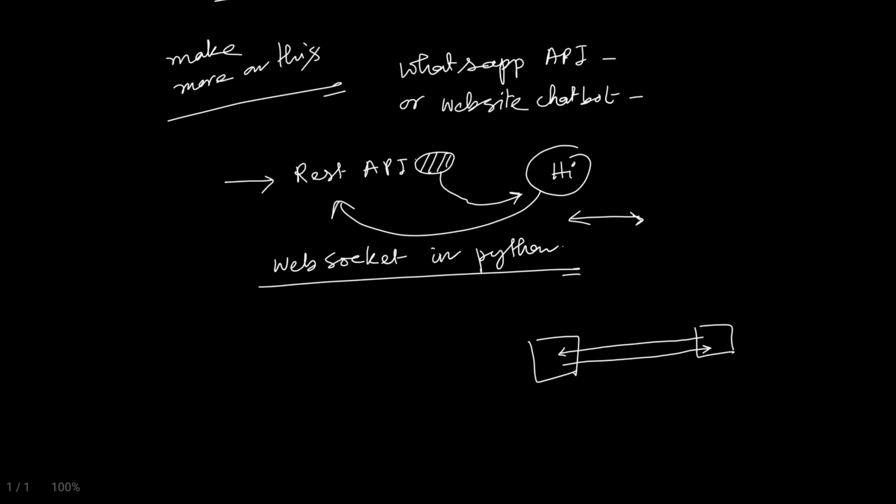So there will be a bi-directional conversation happening between server and client. That will be very helpful for you. So that's it for this discussion. Let's set this up in the system and see how we can run this code.